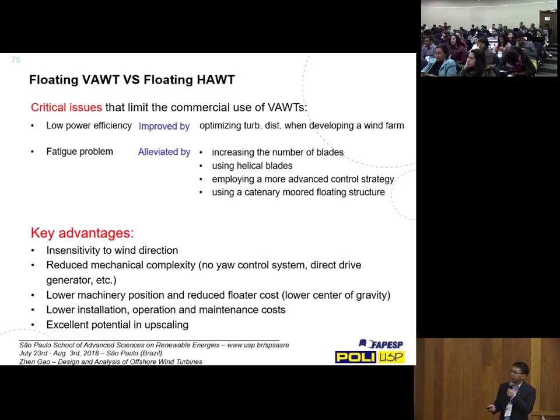And it might be easier to install or operate. But the main issue is that you have relatively low power efficiency. And also you have large variation in terms of loads, and then you have bigger fatigue problems. I will show some of the issues here later.